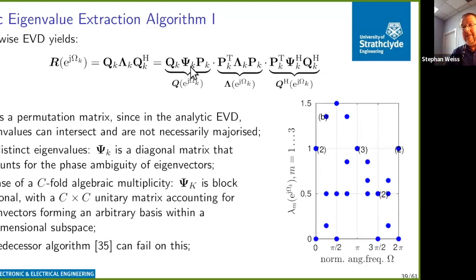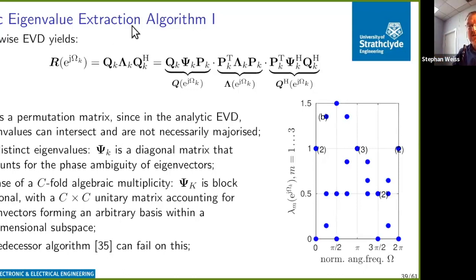So the algorithm that we've come up with first extracts the eigenvalues, which are less volatile. And it was Ian Proudler's idea to use a Viterbi type algorithm in order to evolve smooth functions through these frequency bins. So we have a method that is proven to extract the analytic eigenvalues.